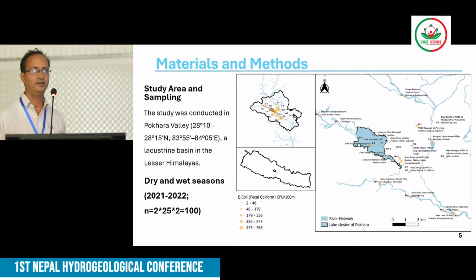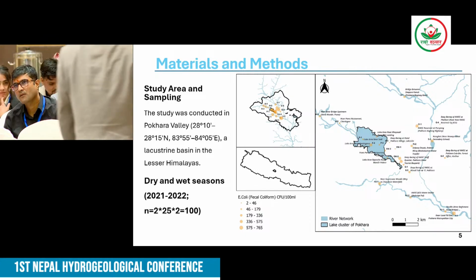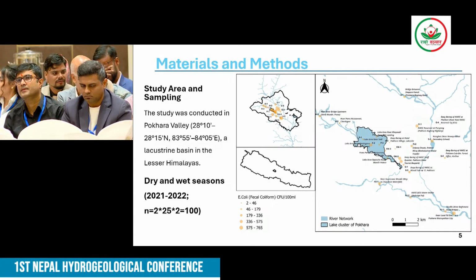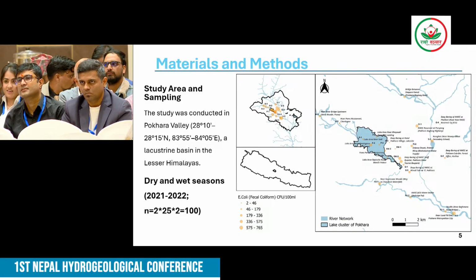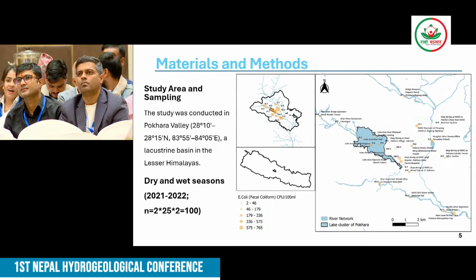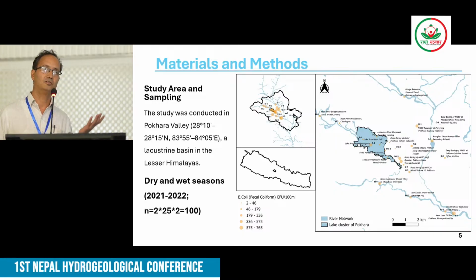So the study area is in Pokhara Valley, mainly focused on the metropolitan area. We had the three kinds of water sources. We had 8 groundwater sites: 5 were deep groundwater sources and 3 were shallow groundwater sources.